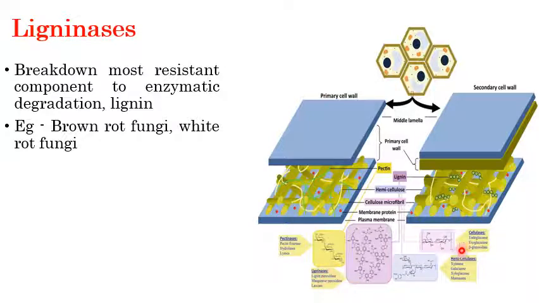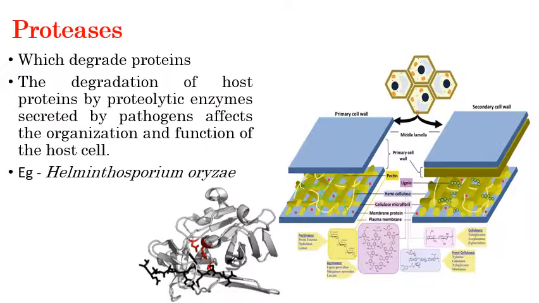What are all the enzymes, the different groups that have been mentioned here? The next one is proteases. The name itself indicates proteases, which degrade proteins. Proteins are the very important building blocks of each and every living system. What will happen due to the degradation? The organization and function of the host cell may be lost.